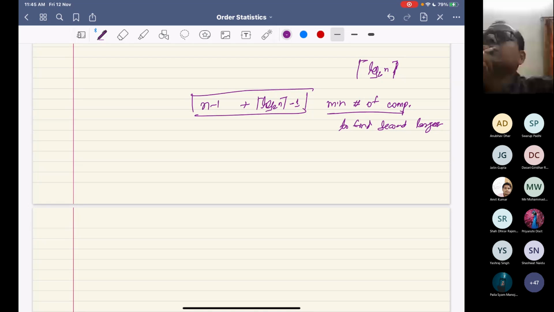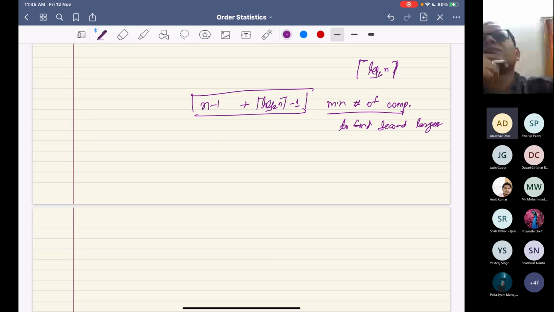And there we try to minimize what is the minimum value of k you can get. That is where we have come to this. Like even in n minus 1, how do you show that there is no other algorithm that can give you the best in less than n minus 1 comparisons?